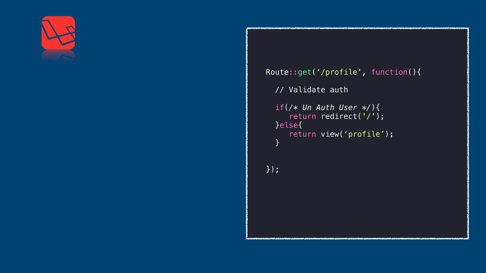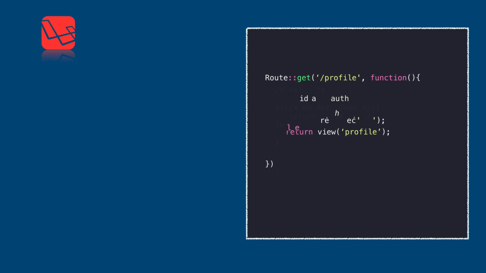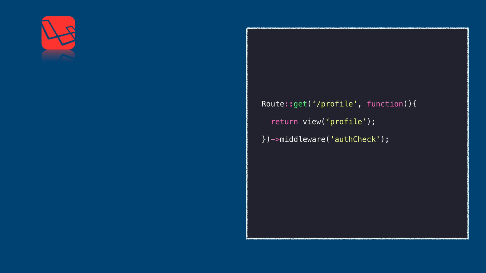So suppose the same thing for the profile. We have a profile page. We validate the auth. If the user is unauthenticated, we will redirect to the slash, or else we will redirect to the profile. We send a get request, we get the page, it means the user was authenticated. But this could be done using the middleware also. So now we are not checking if the user is validated or not. Whenever the user requests slash profile, we will return the profile. Why are we not bothering about whether the user is authenticated or not?